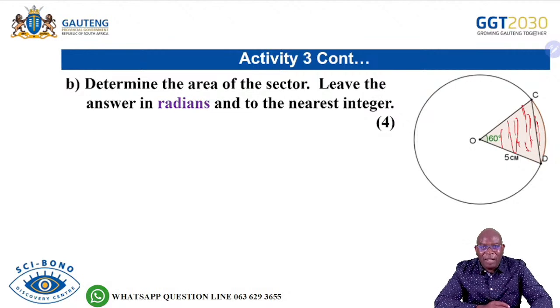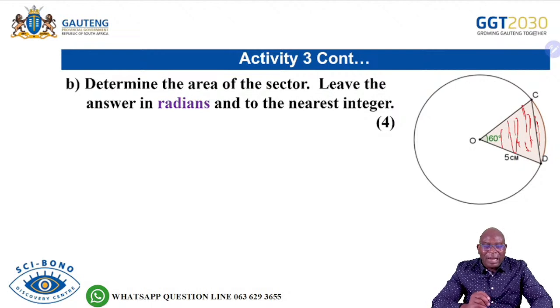I also have an angle, so I can use the angle. But if I use the arc length, I might have got the arc length wrong, which means I'm going to get the next question wrong because I'm using something that is wrong.